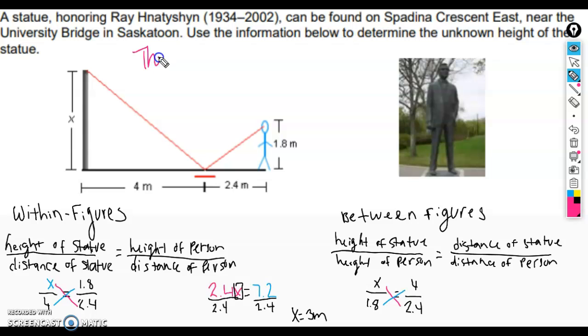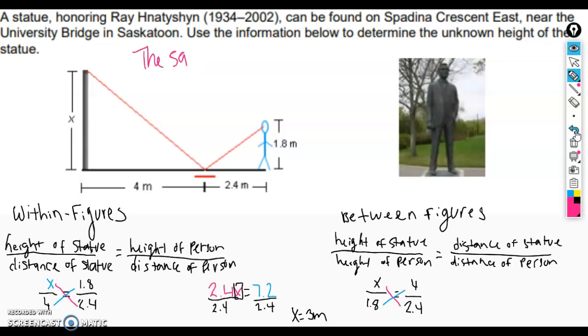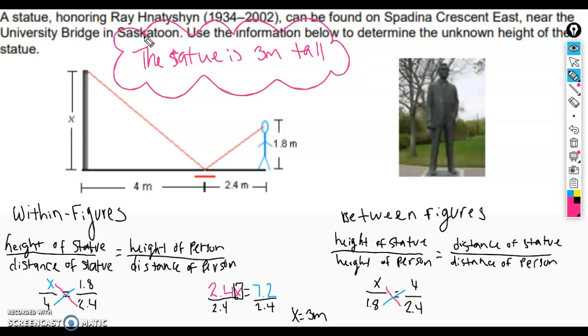The statue is 3 meters tall. So make sure you write your answer as an answer statement, please.